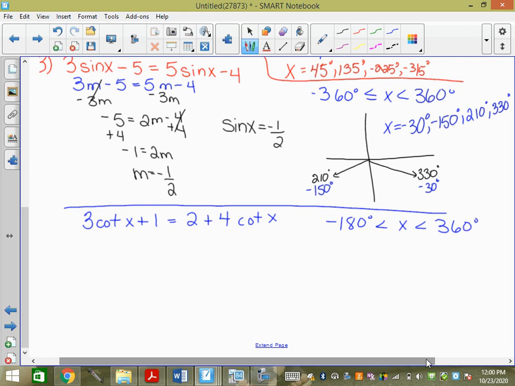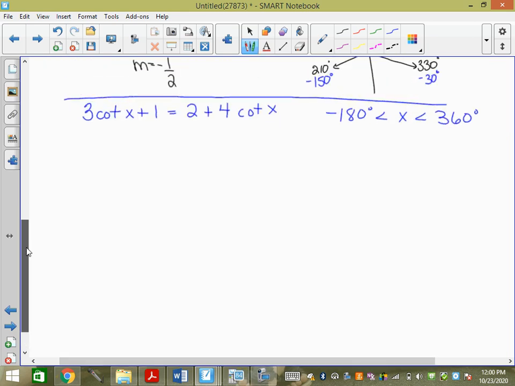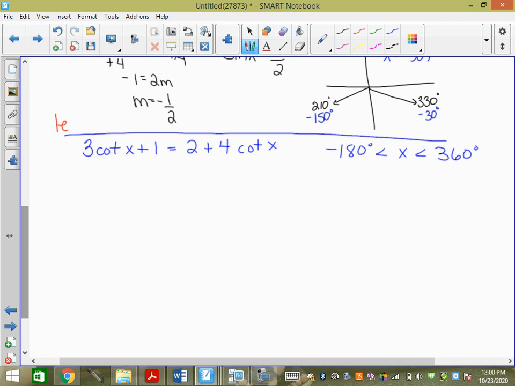So when we fill this one in, we're going to go let m equal cotan x. So we get 3m plus 1 equals 2 plus 4m.